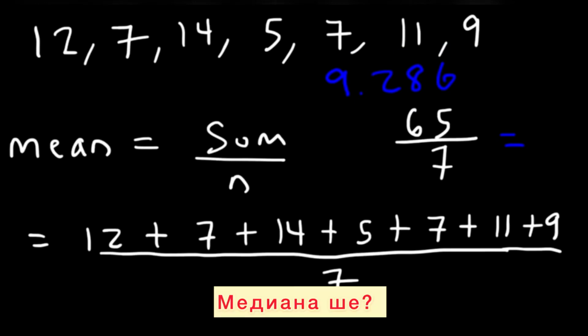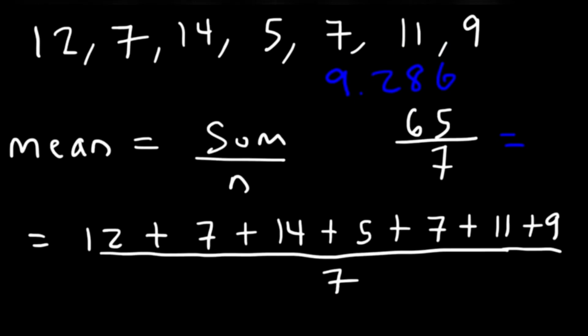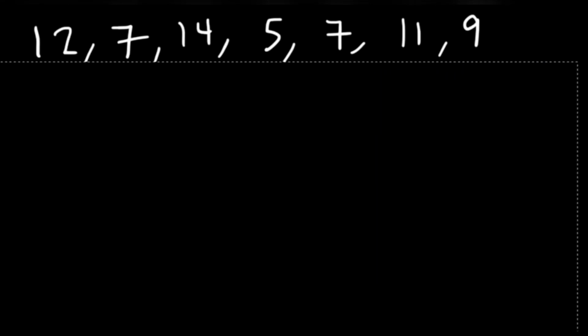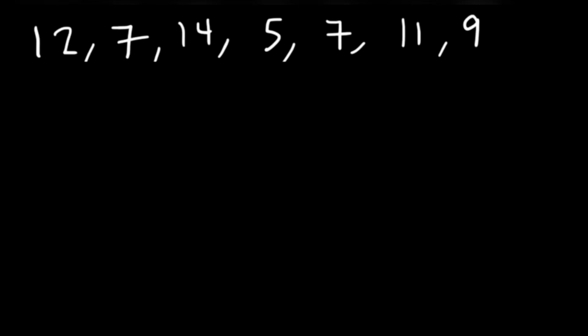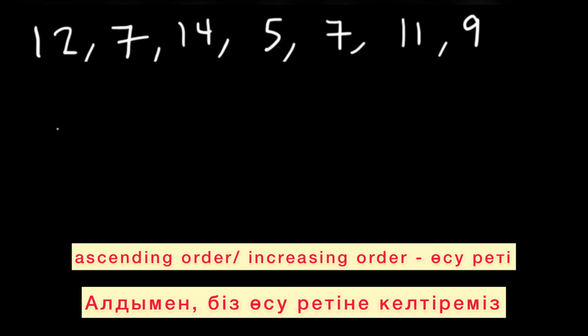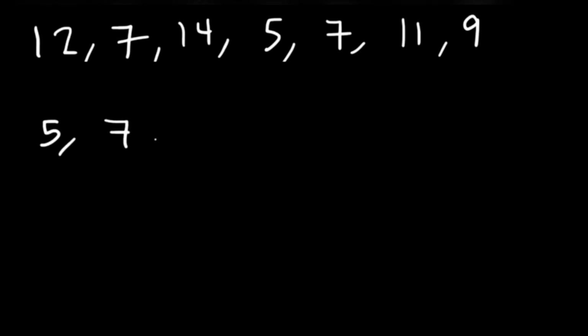Now what about the median? How can we calculate the median of this data set? It's going to help if you arrange the numbers in increasing order. The lowest number is 5, and then we have 2 7s. Next we have a 9, 11, 12, and 14.